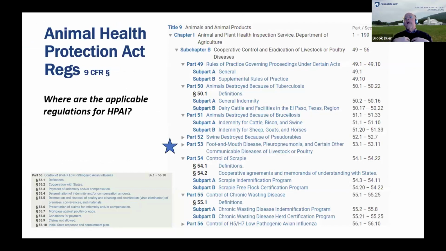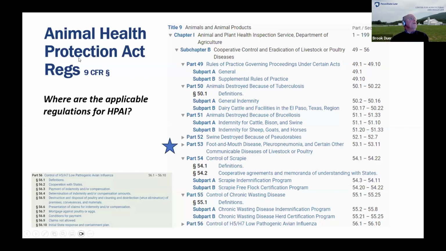Producers themselves get paid by taking their own workforce and helping to do the disease control effort, depopulating the poultry house, for example, and cleaning and disinfecting, and then they're eligible to receive payment for doing that. And that's sometimes what happens when you have a quarantined premise, and their workforce ends up working for USDA, and at least some wages can be earned in that context, so to speak.